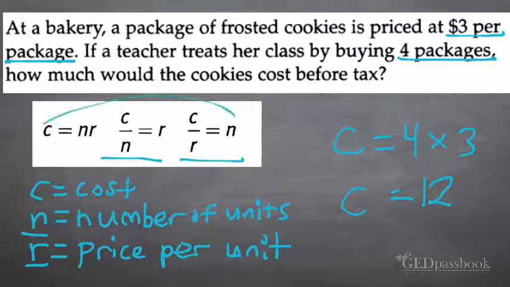So all of this here is cost formulas, right? But in order to find specifically the cost, you got to do this formula. If you want to find specifically the price per unit, you use that one. If you want to find the number of units, you use that one. So all of this is part of the cost formula, but there's 3 different ones inside of that that could help you solve the answer.